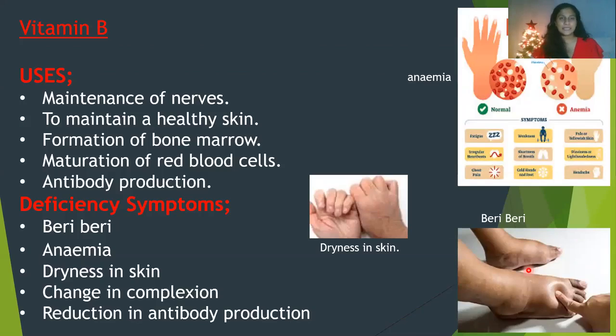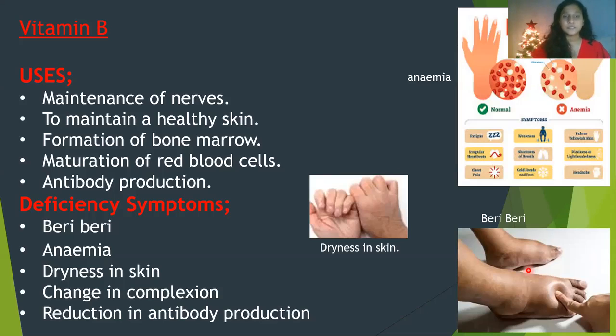Okay, vitamin B. First, we are talking about the vitamins soluble in water, so vitamin B and C. From that, first we are talking about vitamin B. The uses are maintenance of nerves, maintaining healthy skin, formation of bone marrow, maturation of red blood cells, and antibody production.